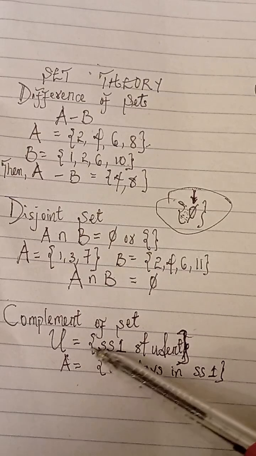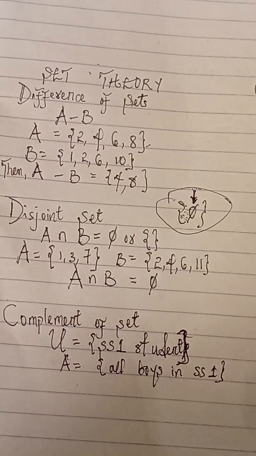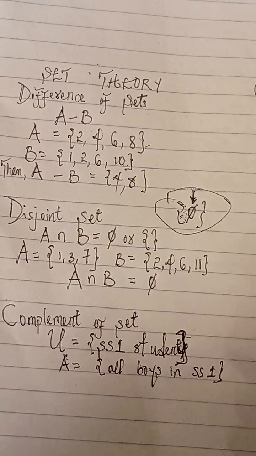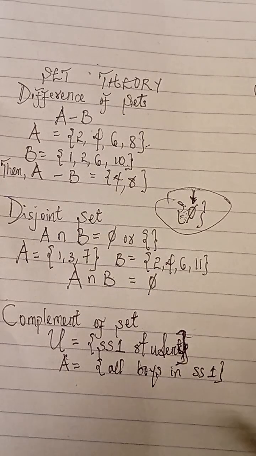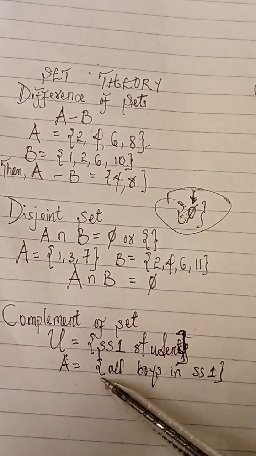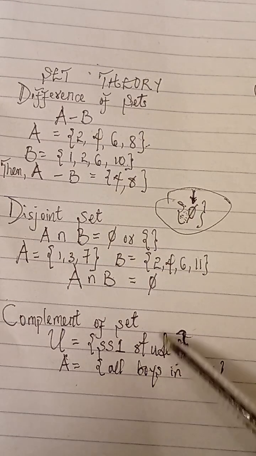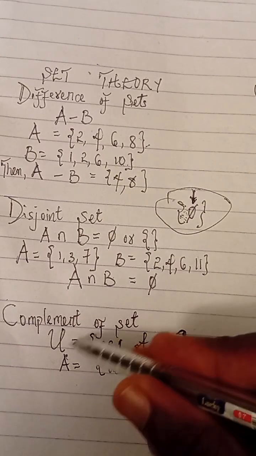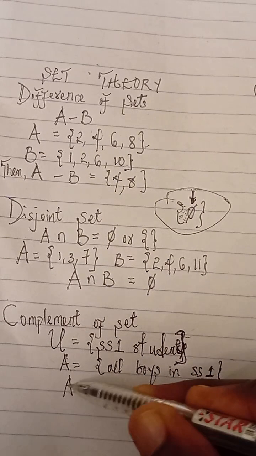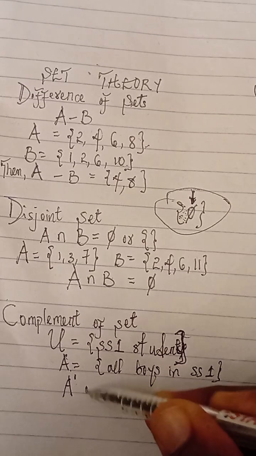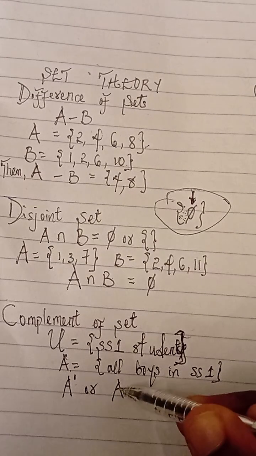So if the universal set is every student in SS1, and we already know that in that class, since it's a mixed school, you are either a boy or a girl. So set A now is all boys in SS1. If you are now asked the complement of this set A, it's written this way, or you can write it also like this.